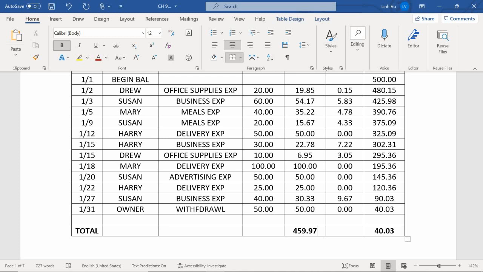If I have a whole bunch of receipts totaling up to $459.97 and I have a total of cash of $40.03, I need to replace those receipts with cash, right?